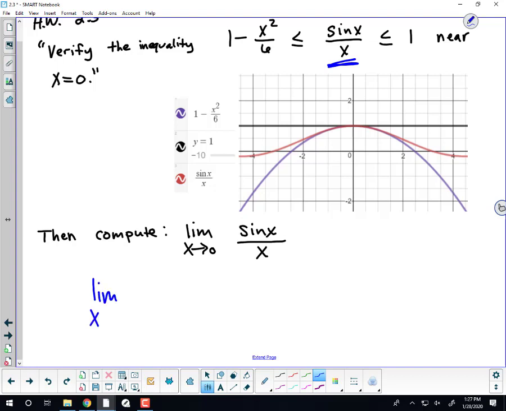We're going to compute the limit at 0 because that's what we're asked to do, for this function on the end, and our other function on the end.